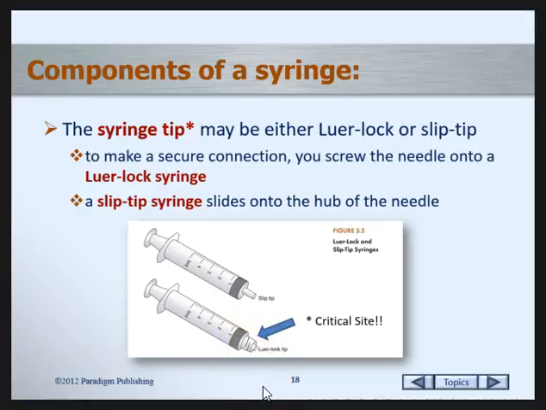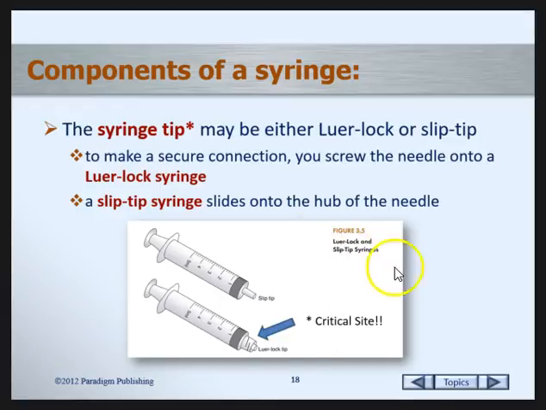You want to twist it about a quarter to a half turn to make sure that it's tight on there, but not so tight that if need be you can't remove it. But you can't have it too loose or else liquid will escape out and you will not be able to properly manipulate your drug.